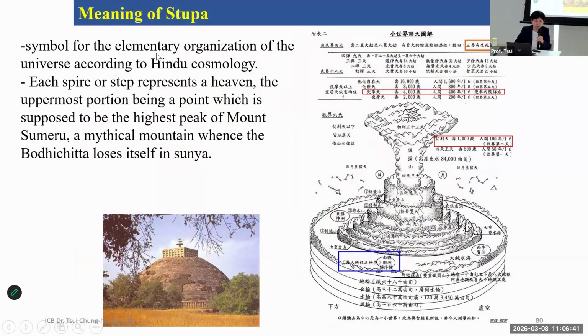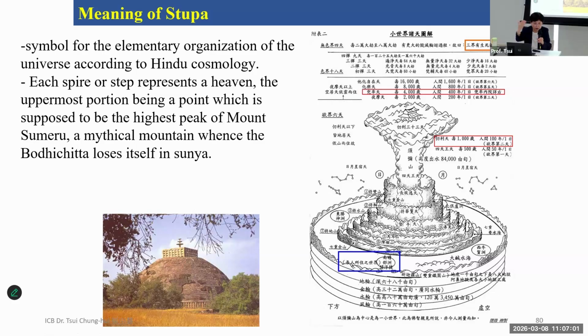The symbol for the elementary organization of the universe originated from Hindu cosmology. Hindu cosmology has some theories similar to Buddhist cosmology.